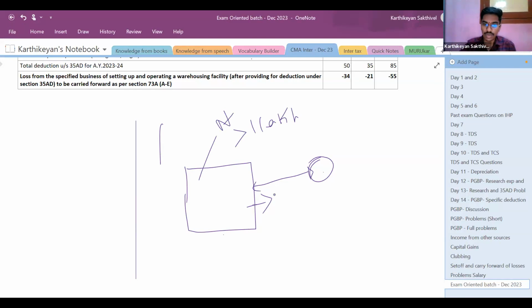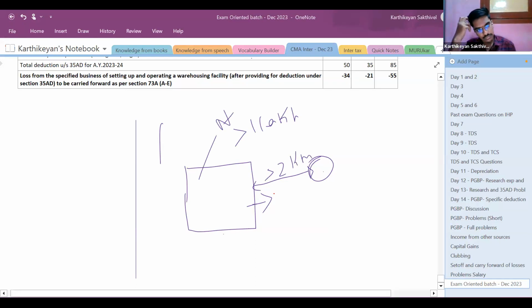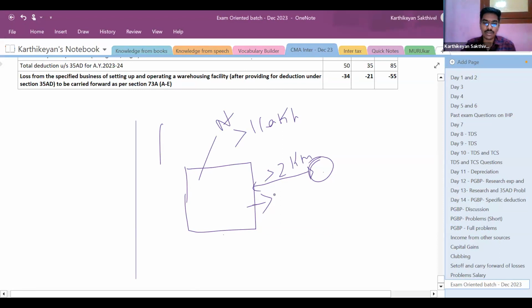If it is less than 1 lakh and this distance is up to 2 kilometers, then this land is a rural agricultural land.